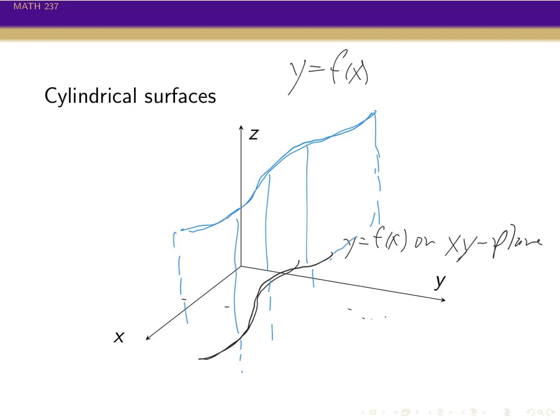In a cylindrical surface, it's defined by an equation using only two variables. The third variable can be anything.